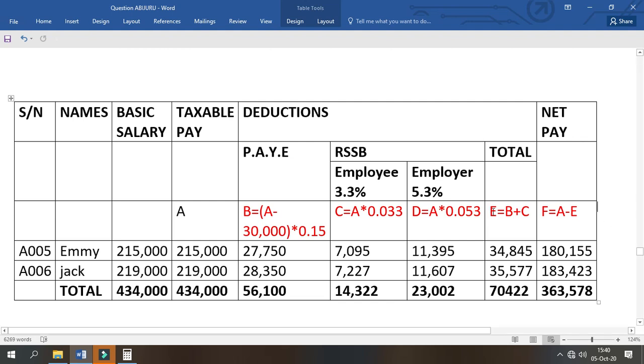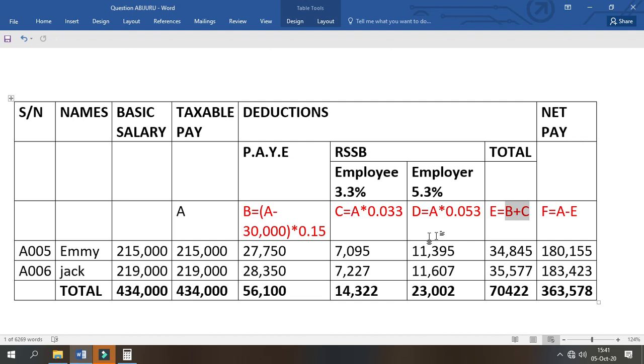That is why in this total deduction column, which we labeled as column E, we say that column E is equal to B plus C. Column B is the pay as you earn, and column C is the employee portion contribution to the Rwanda Social Security Board.